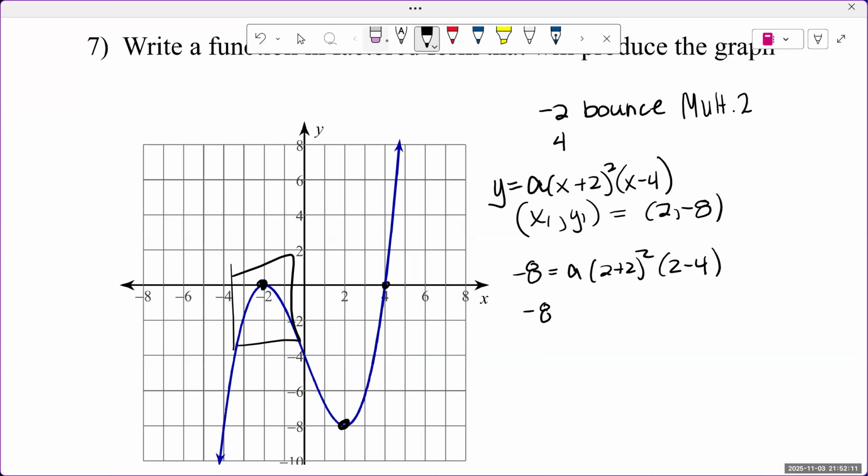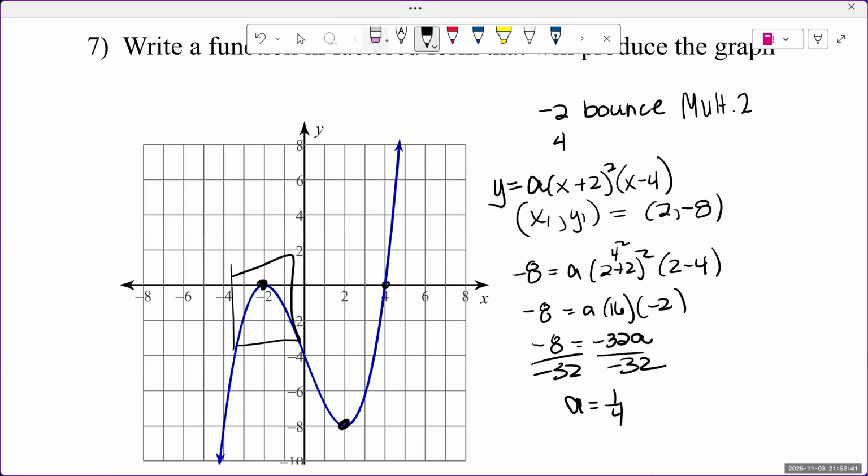So I have -8 is equal to a times 2 plus 2 is 4 squared is 16, times 2 minus 4 is -2. So -8 is equal to -32a. Divide by -32. A is equal to +1/4 or 0.25.